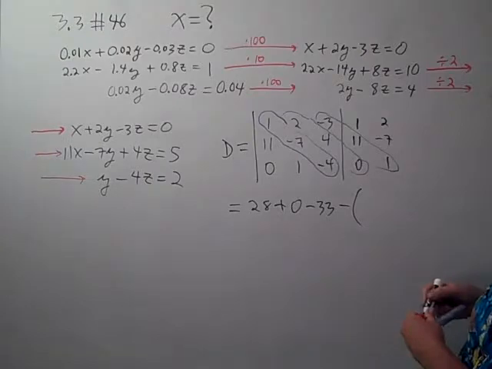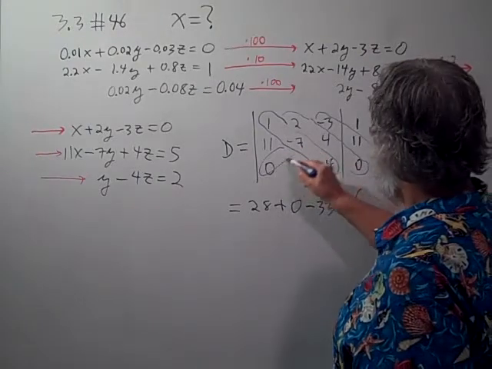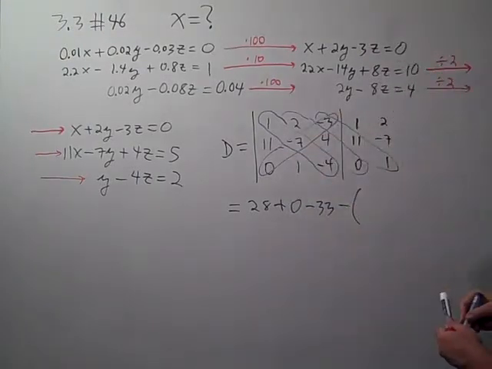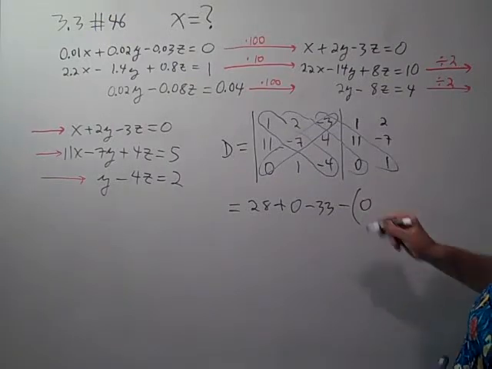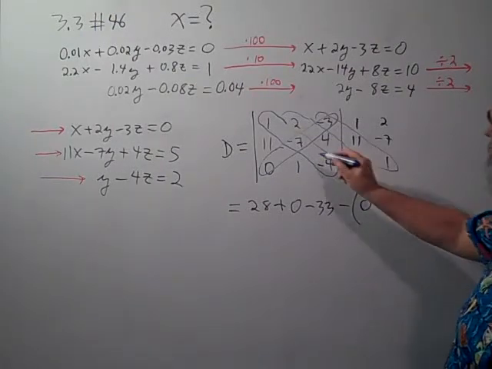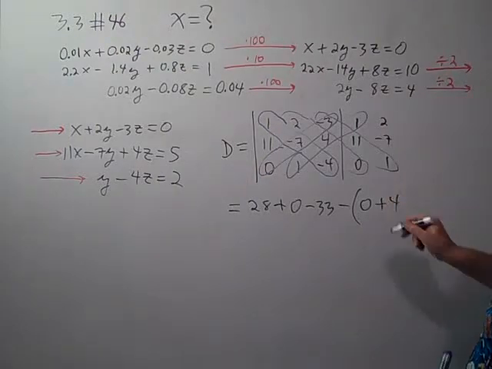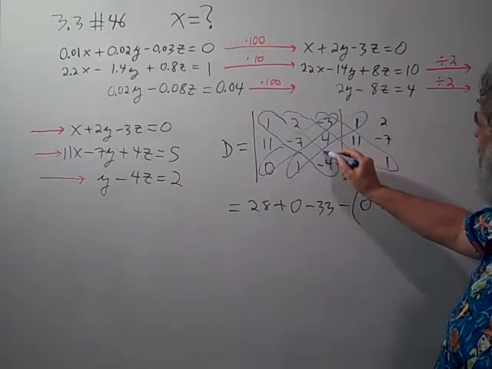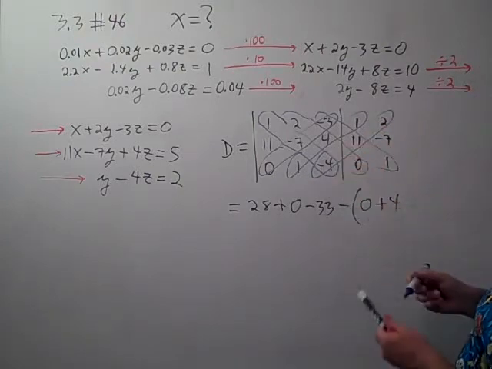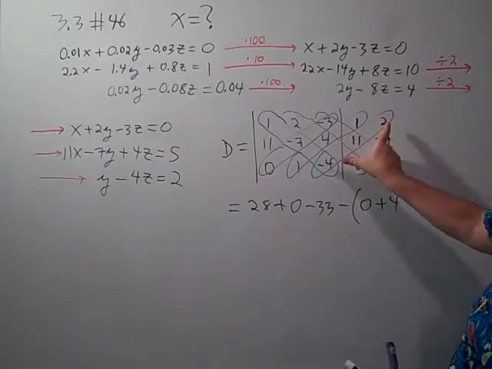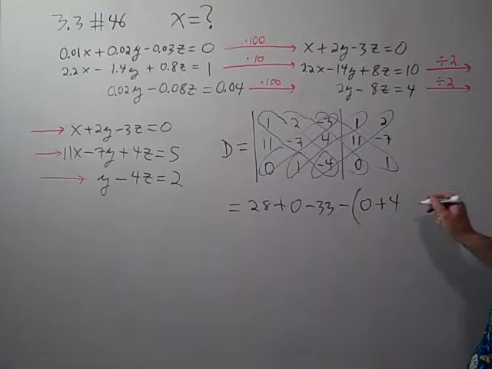And subtracting the diagonals going the other way, we have 0 times whatever, which gives us 0. The second one is 1 times 4 times 1, which gives us 4. And the third is negative 4 times 11 times 2. That's like negative 8 times 11, negative 88.